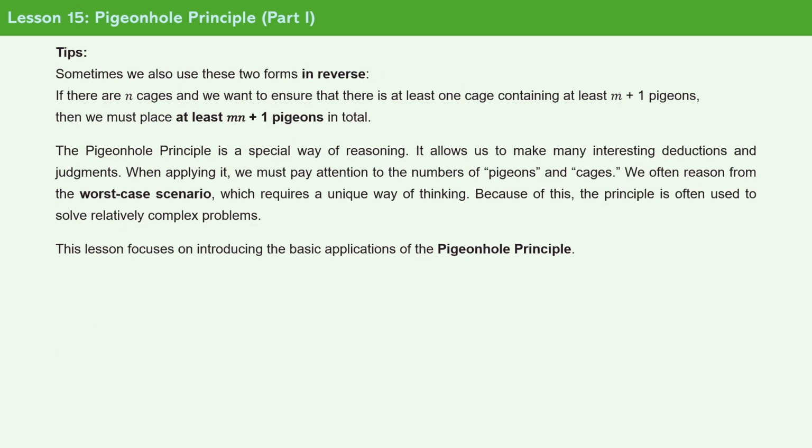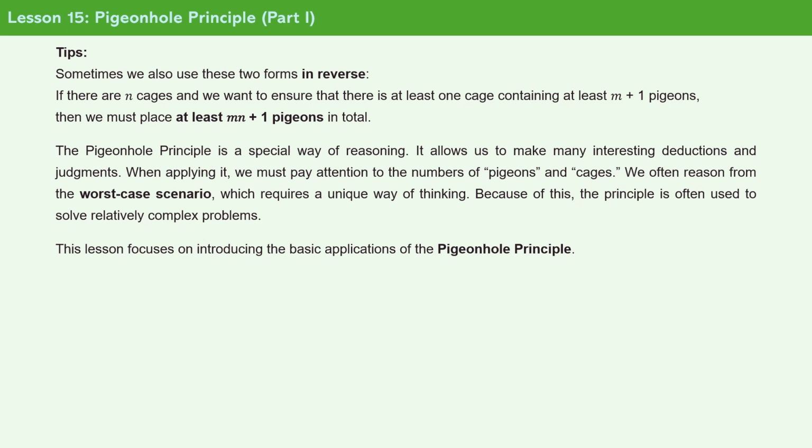Sometimes we also use these 2 forms in reverse: if there are n cages and we want to ensure that there is at least one cage containing at least m plus 1 pigeons, then we must place at least mn plus 1 pigeons in total. The Pigeonhole Principle is a special way of reasoning. It allows us to make many interesting deductions and judgments.